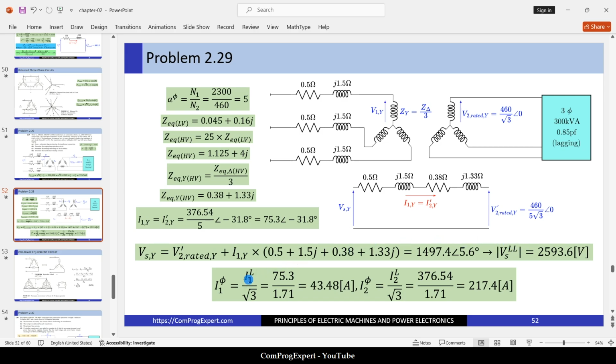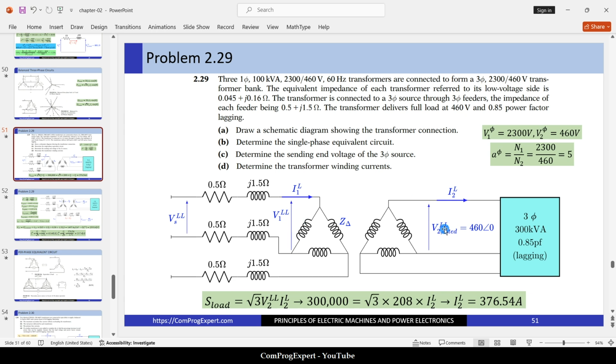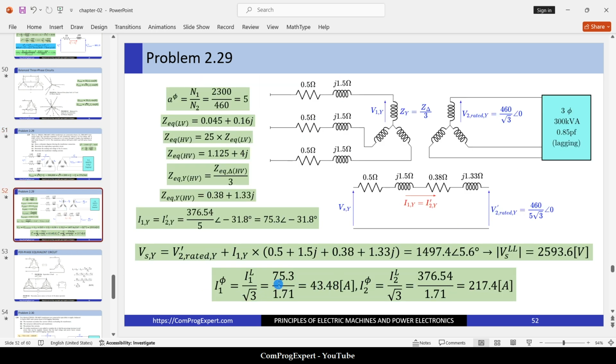So here also we have the I1 phase and I2 phase for the transformer. Yes, we have delta connections, and we calculated quantities for the Y connection. So we need to divide the value of the line current by square root of 3 to have phase currents of the primary and secondary coils of single phase transformers.